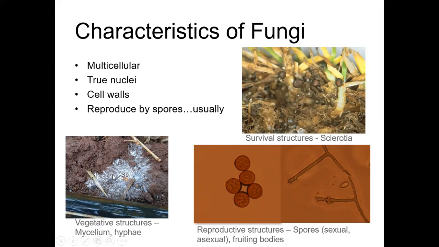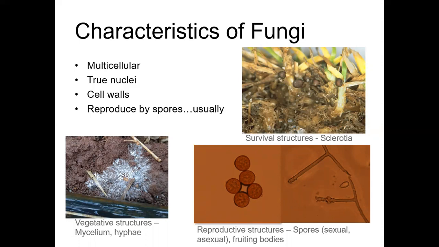And you can see the mycelium there on the left-hand side. And those are survival structures. And sclerotia, those are also survival structures, and that's what it will overwinter in the soil or in plant debris and allow those fungi to overwinter and cause a problem the next year. That's one of the reasons that we recommend rotating your crops in the garden.